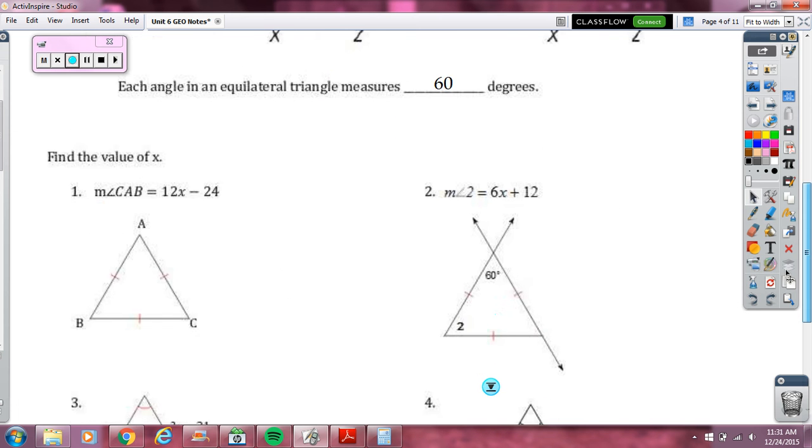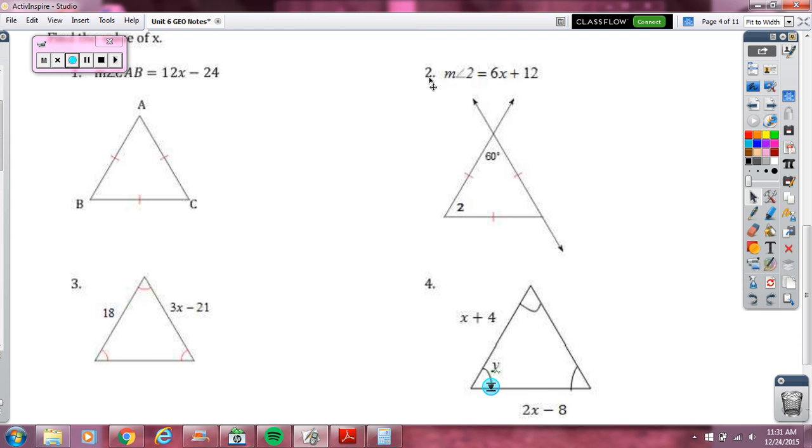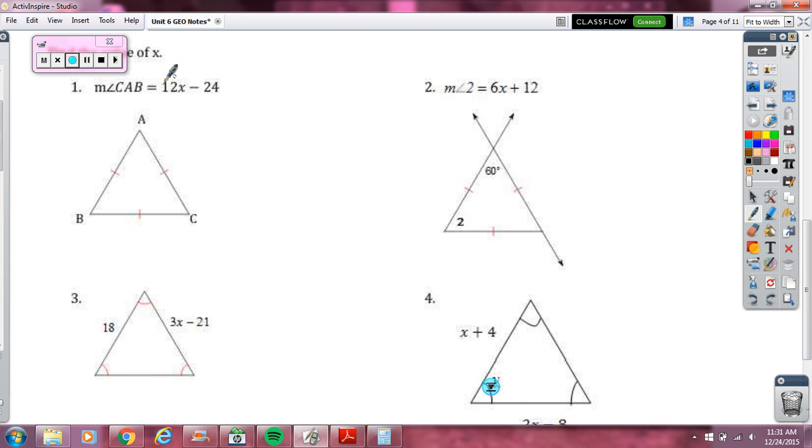We're going to do 2 practice problems down here together, and then I'll leave you to do number 2 and number 4. So first of all, when I read the directions on number 1, it says find the value of x. The measure of angle CAB is 12x minus 24. CAB is talking about this angle. The letter in the middle is the vertex.